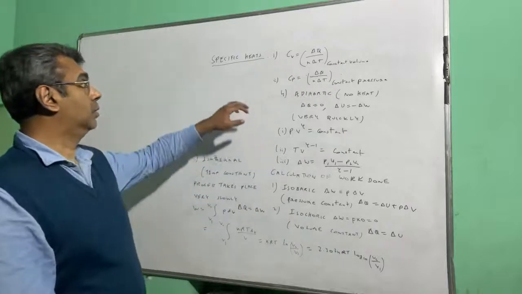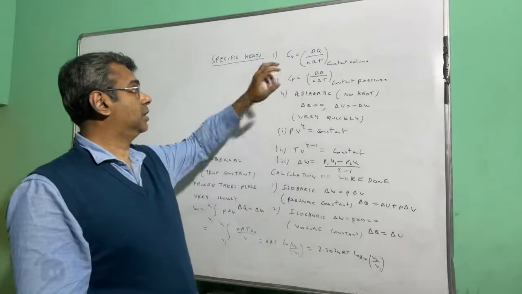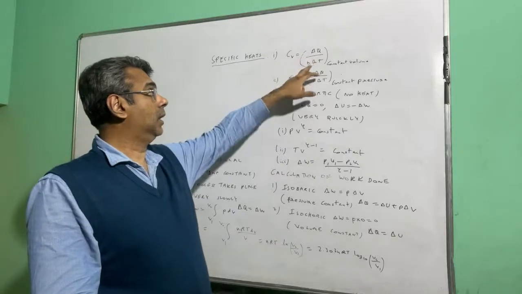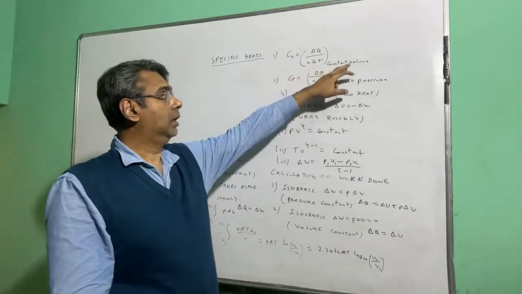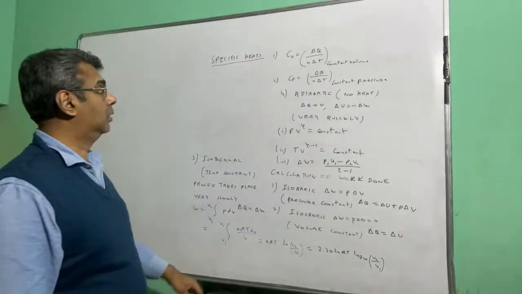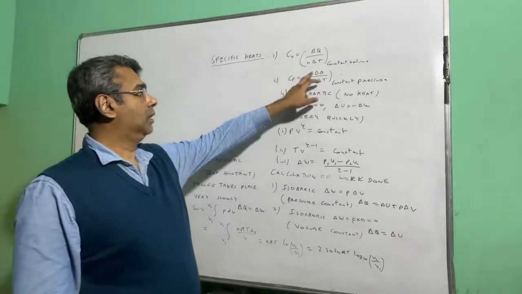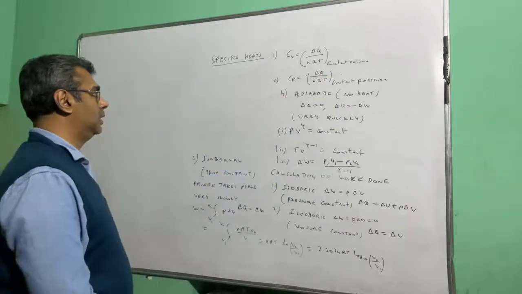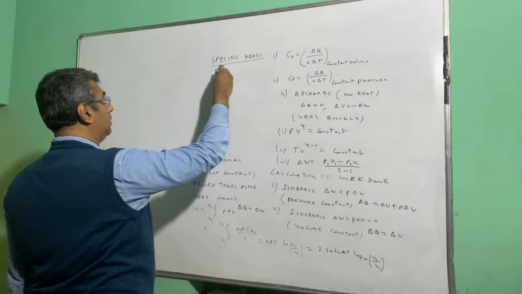Okay, so specific heats. First is CV. CV is heat supplied by n into delta T at constant volume. And CP is delta Q by n into delta T at constant pressure. So what is this CV?